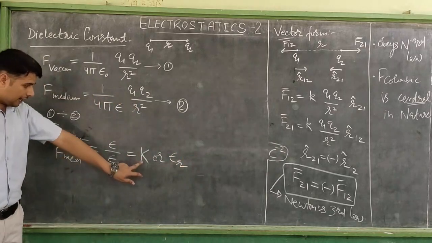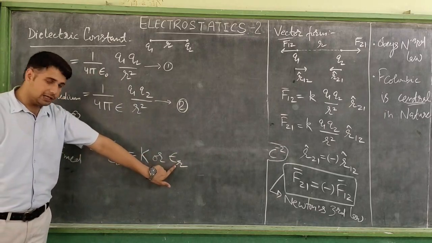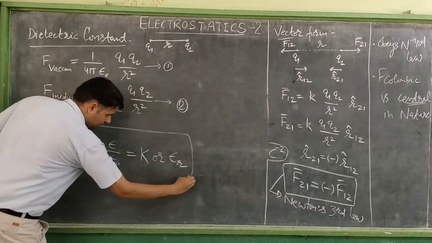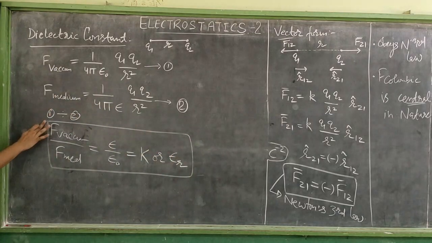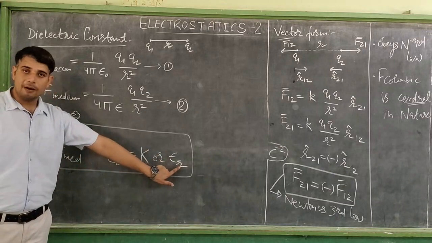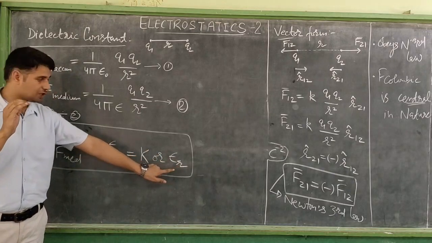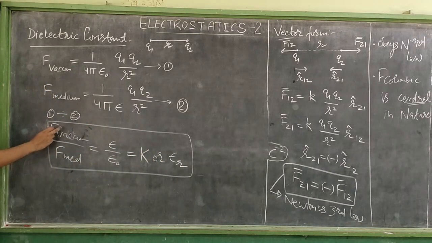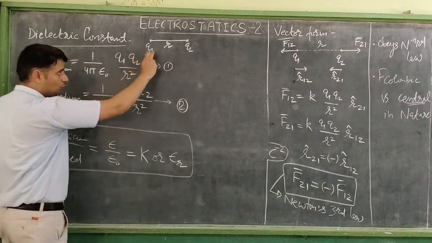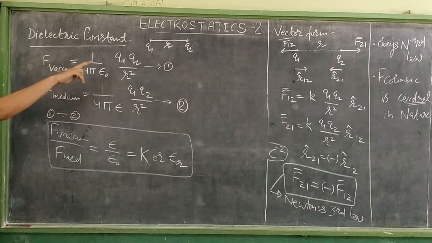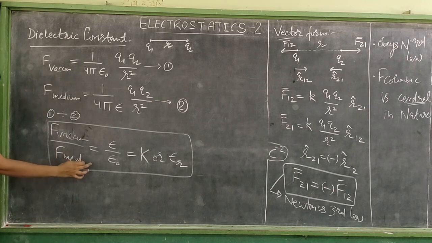So this is an important expression: the dielectric constant or relative permittivity of any medium with respect to free space will be the ratio of the force between two point charges when they are placed in vacuum to the force between the same point charges separated by the same distance but in any medium.